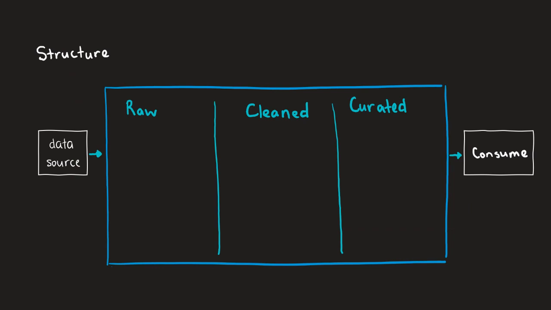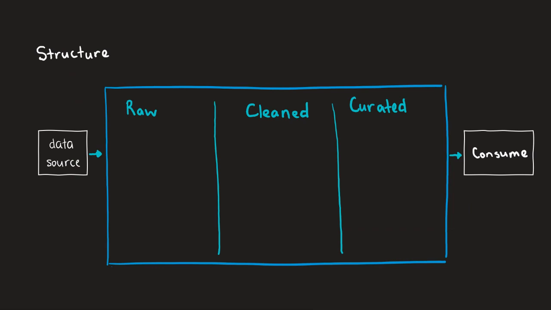But this is just the container level. After the containers, we also have the folder structure, the directories, and so on. That means we also need a way to structure the data within these three areas.